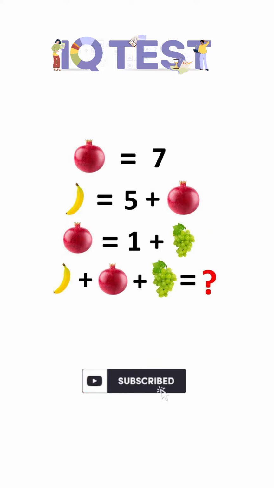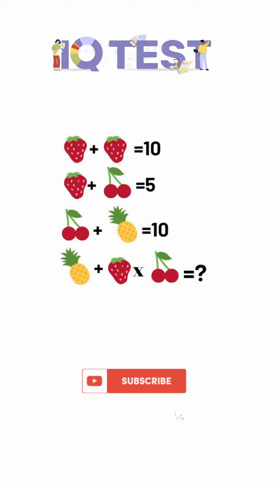The grapes is 6. Okay. So what is your final answer? So if you add all, what are you getting? 25. Very good. Very good. 100%. All right. So let's have a look at the next one.